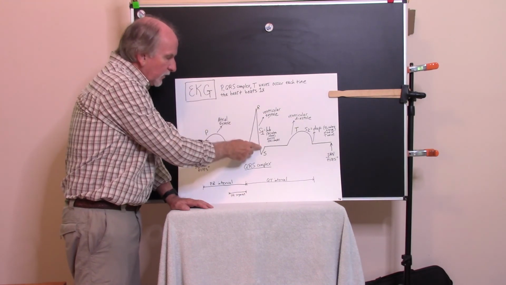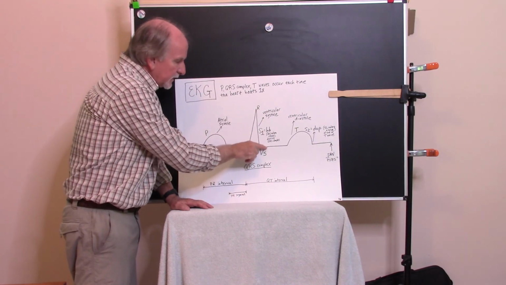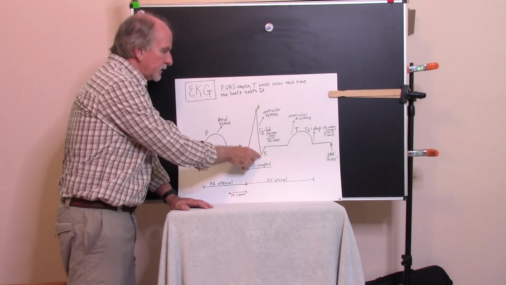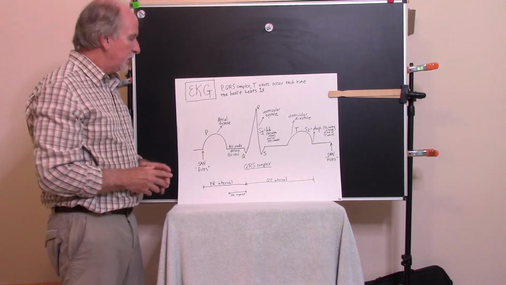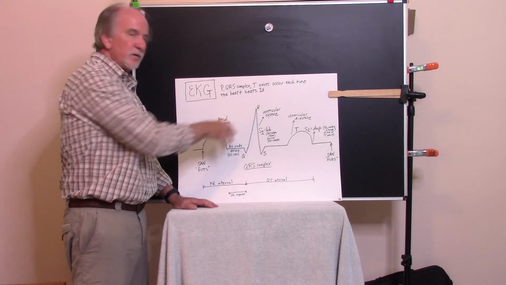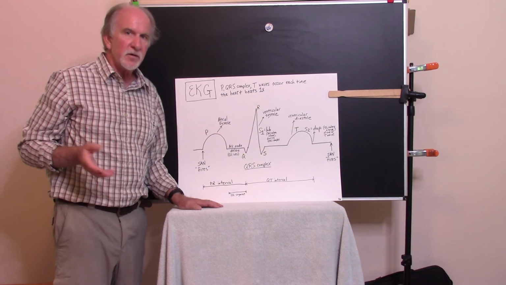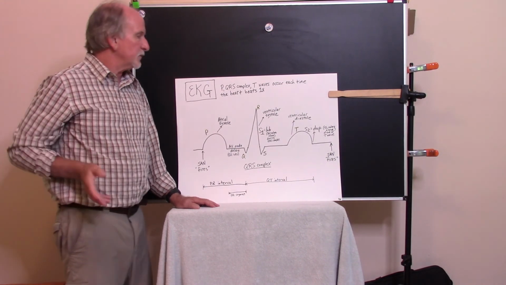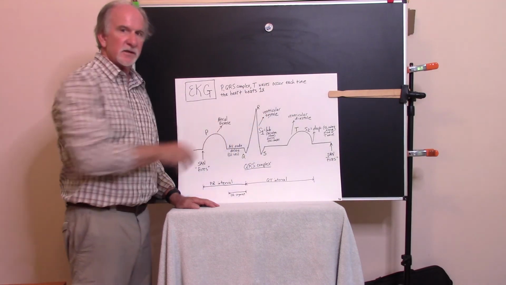And then after the R wave, you generate an S wave. And the Q and the R and the S waves together make up the QRS complex. The QRS complex is the spread of the cardiac impulse across the ventricles, and it will stimulate ventricular systole.